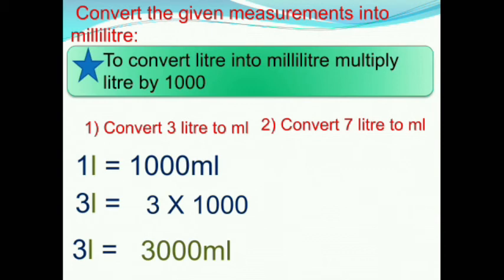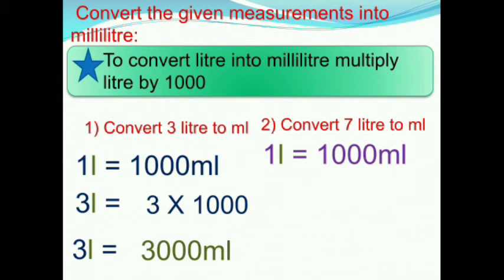See the second question. Convert 7 liter to milliliter. Remember children, to convert liter into milliliter, we should multiply liter by 1000. 1 liter is equals to how many milliliters? Yes, 1 liter is equals to 1000 milliliters.